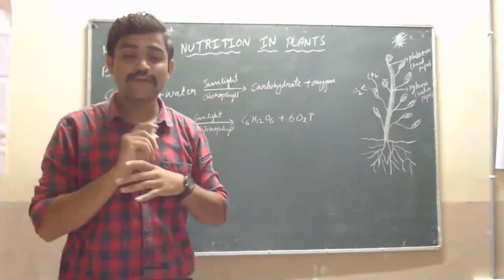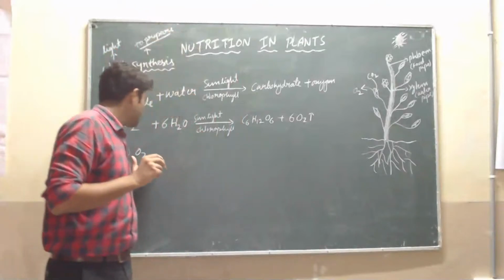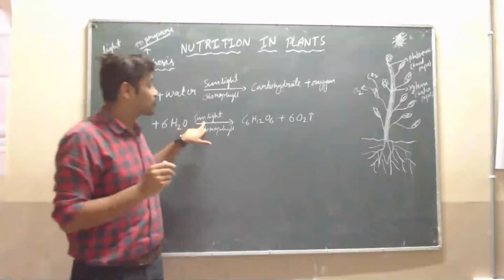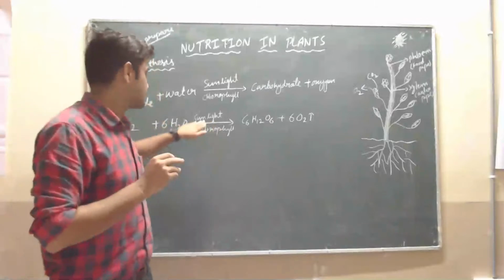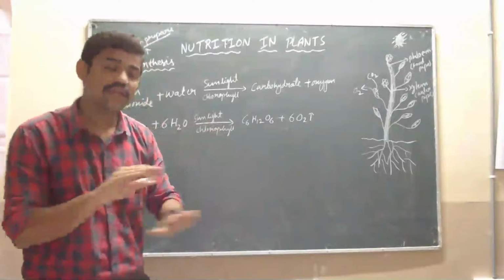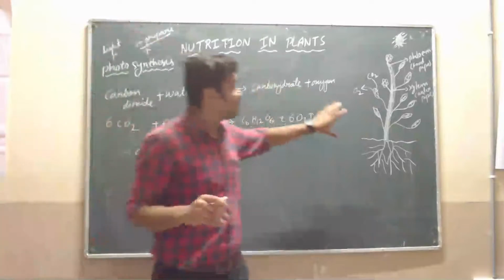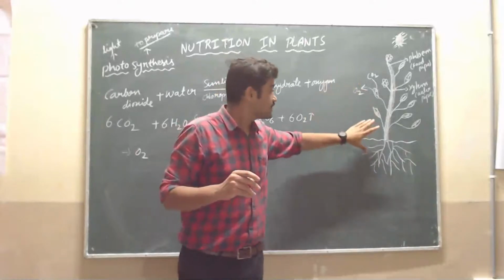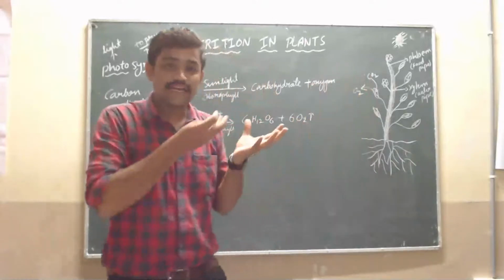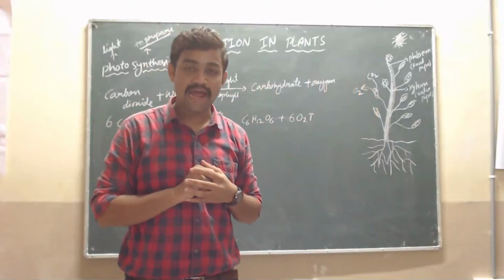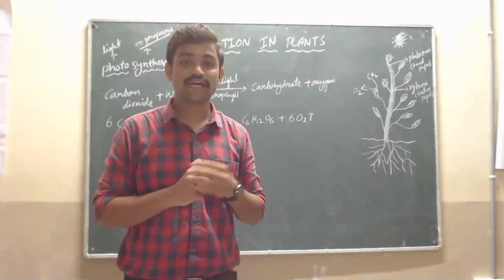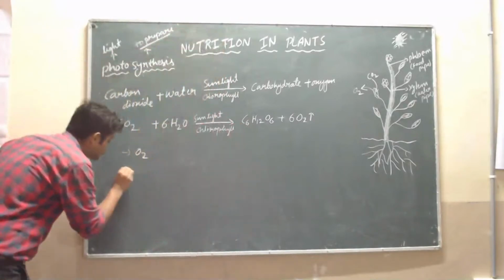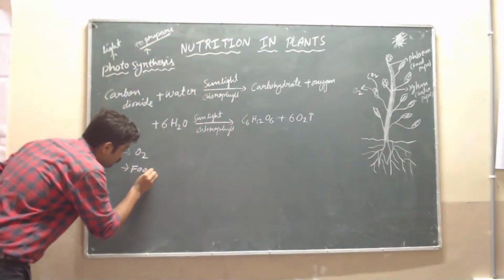Then second point: if sunlight is absent, photosynthesis will not take place, and plants will not grow. If they do not grow, we depend on the plants for what? Food. We can't get food also.